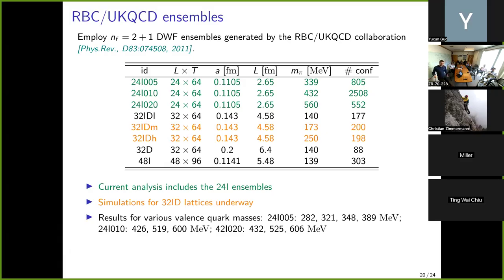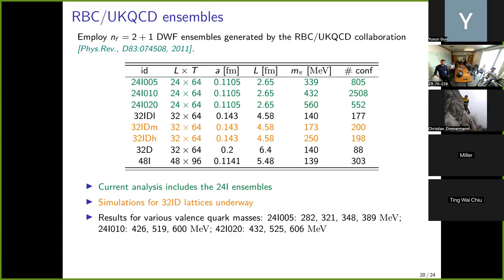This is the current status. The current analysis includes these ensembles here. It's a 24 cubed times 64 lattice in this case. Simulations for the next larger lattice, the 32 cubed lattice, are underway, also with different sea quark masses.